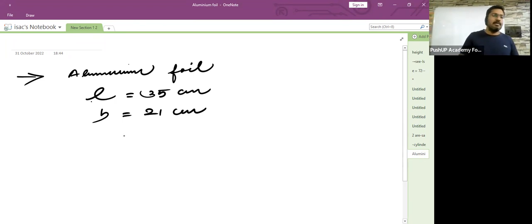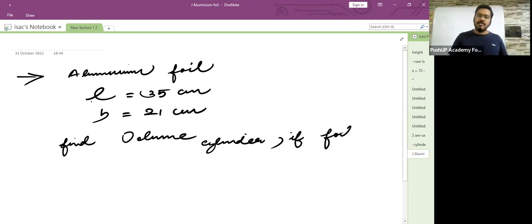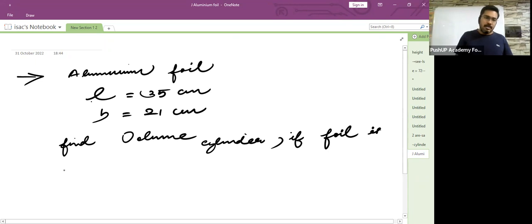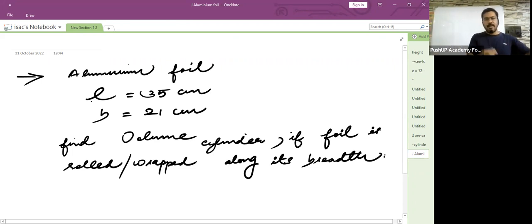I want you to find what would be the volume of a cylinder if the foil is rolled or wrapped along its breadth. Same question as we did now, but in a different way I have framed it.